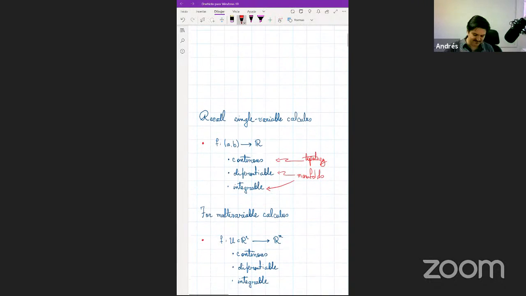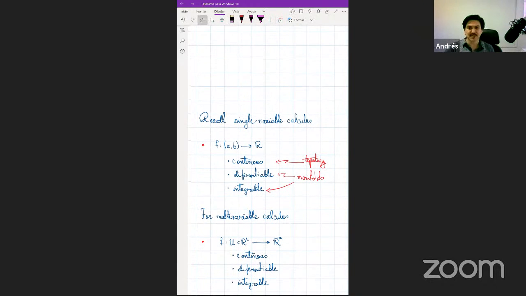And then you saw the same in multivariable calculus. So you have a function on an open set U, which is open in Rn, and you have a function to Rm, right?